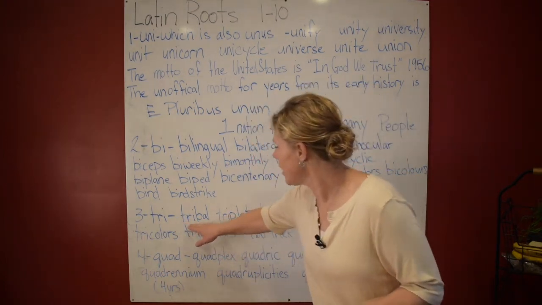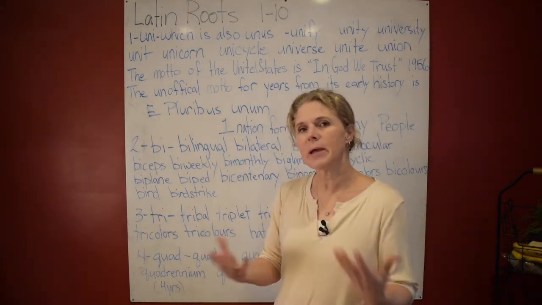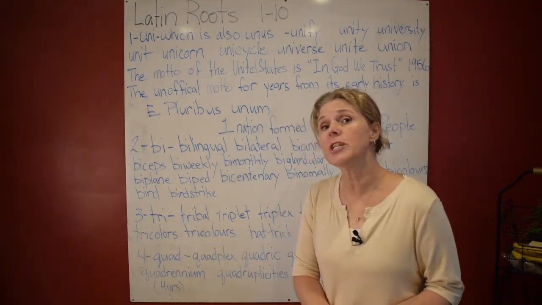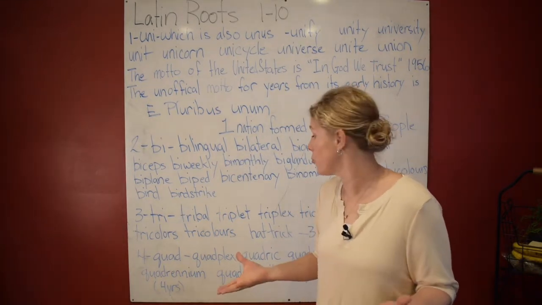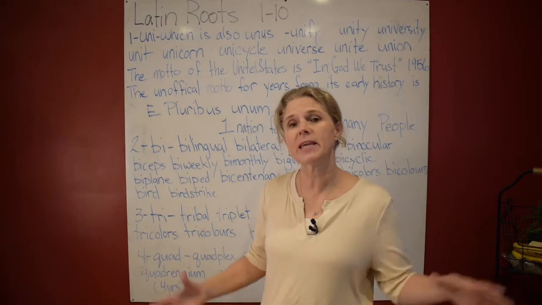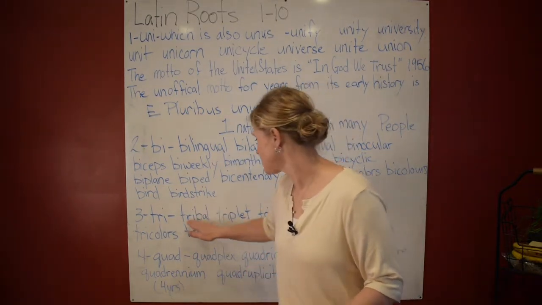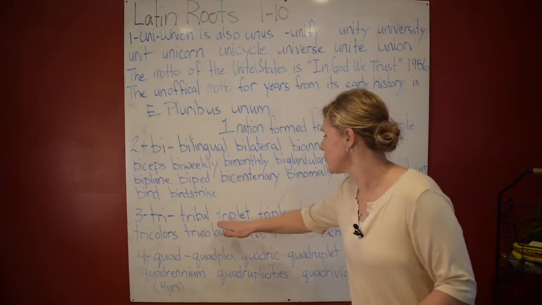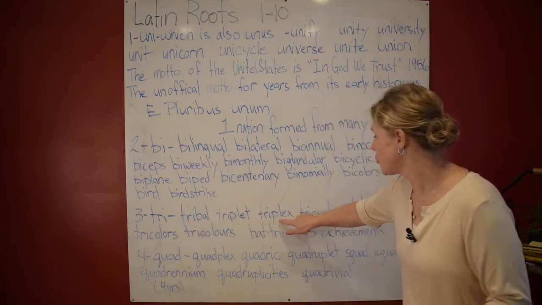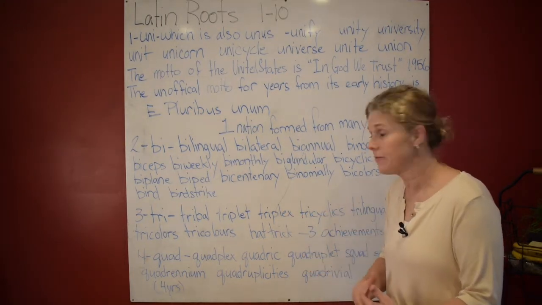So here we have tribal, and a lot of people are probably like, tribal, but that's a base word, tribe, but it originated out of the Roman Empire, where they had 3 tribes that came together and they called it tribal. Triplets, 3 babies. Triplex is a unit that has 3 different living spaces.